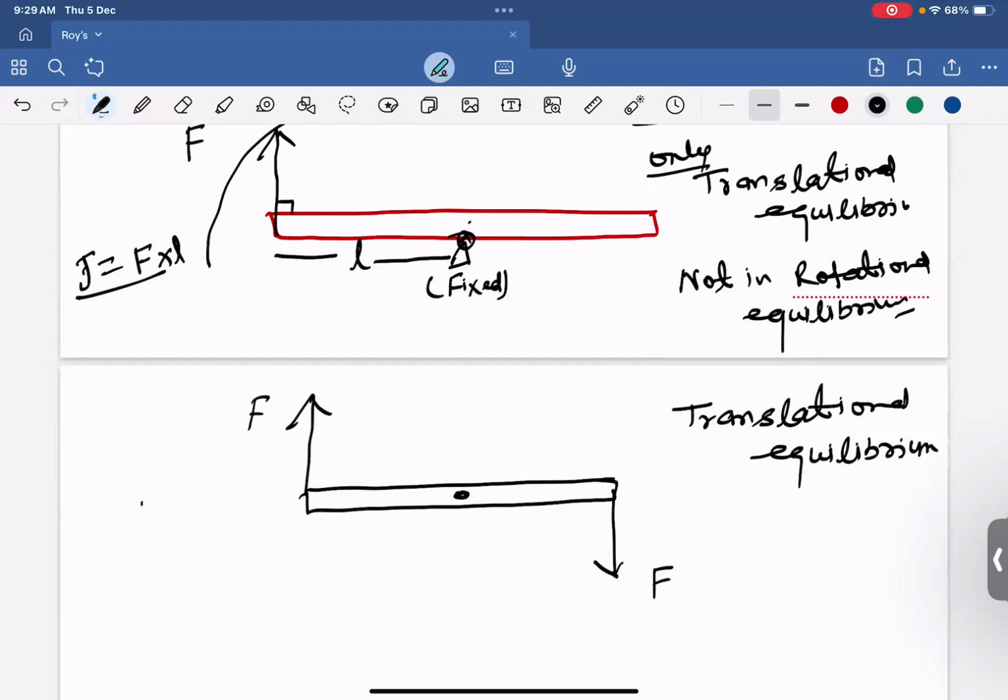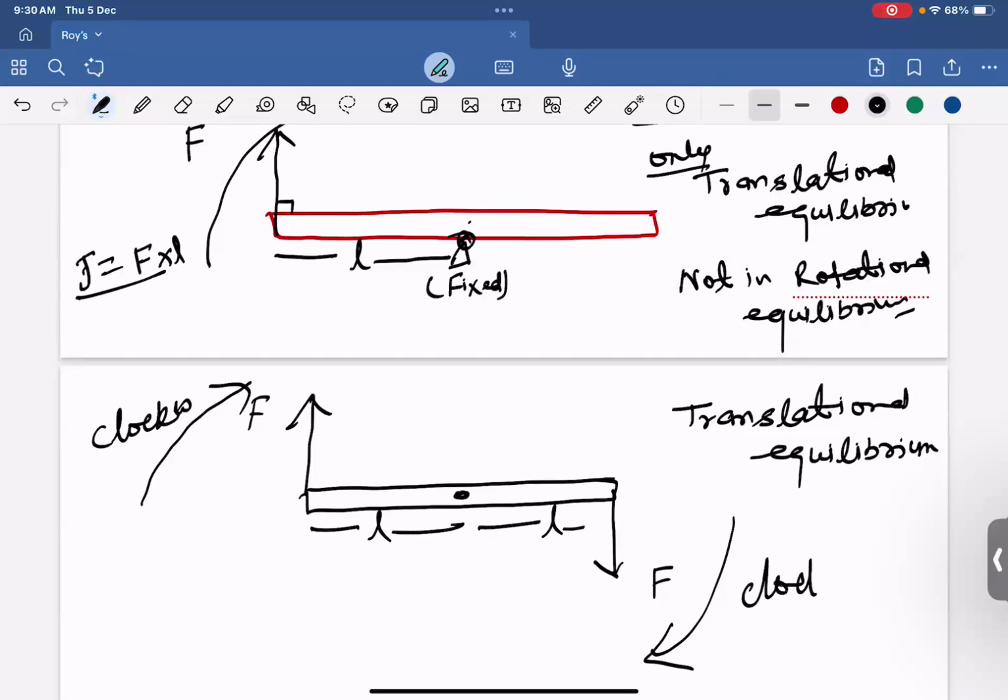But it is again not in rotational equilibrium because both will produce torque in the same sense. This will try to rotate the rod in this direction, that is clockwise torque. This is pulling down, at distance L, and this direction is also clockwise.